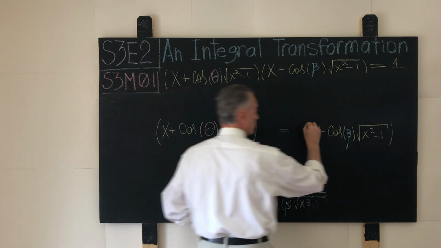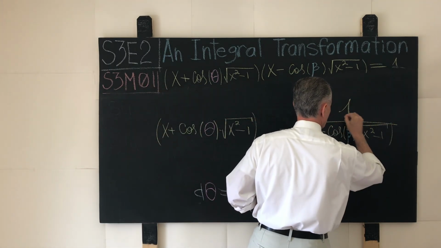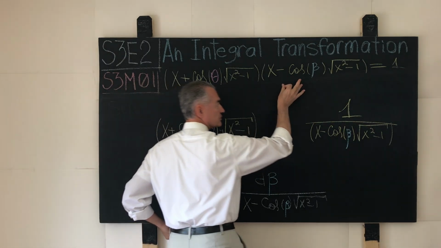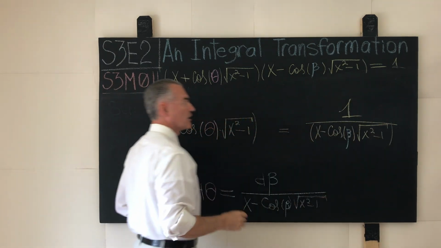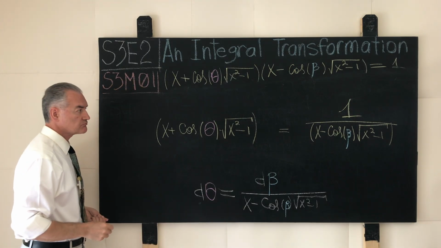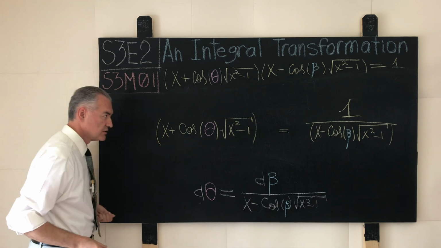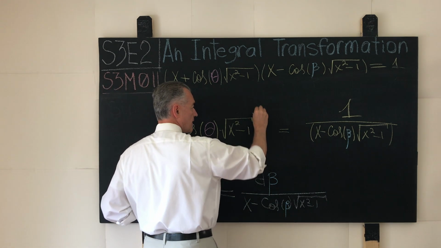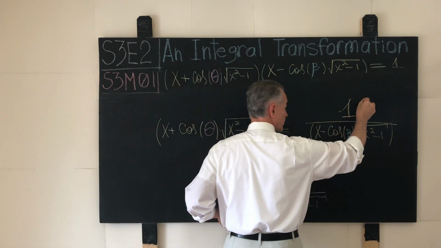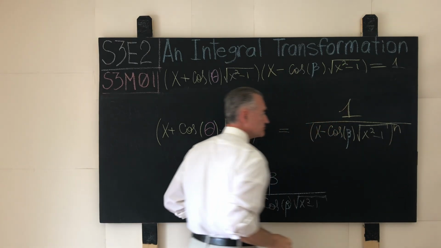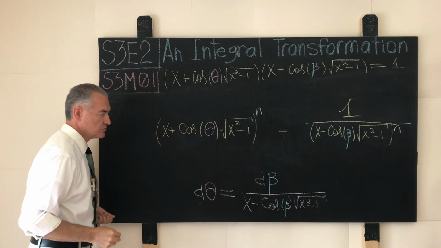Except that should be 1 over. Yes, 1 over. We simply move this under the positive unity. Now we raise both sides of this relation to the same whole positive power n. 1 to the n is 1, and this is n. So far so good.